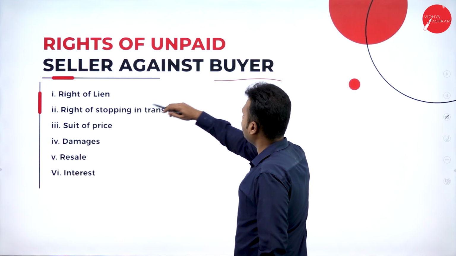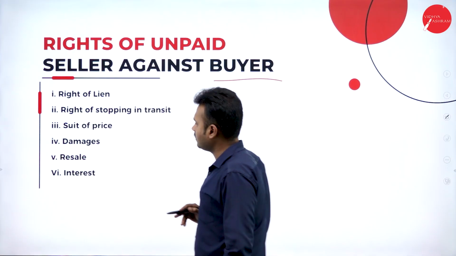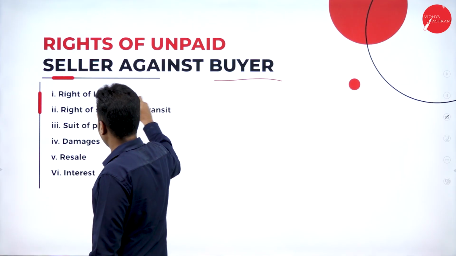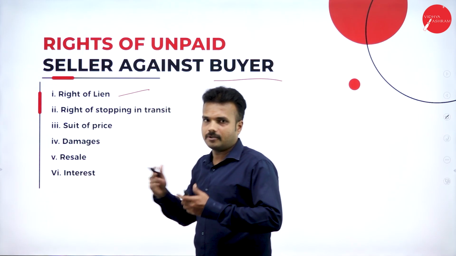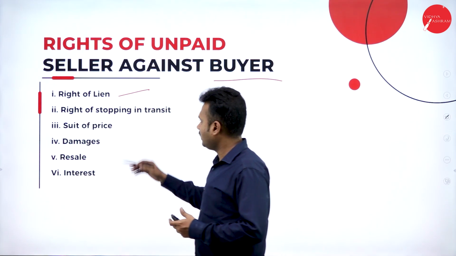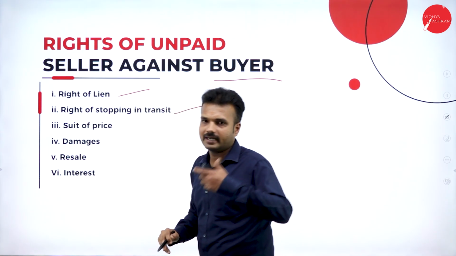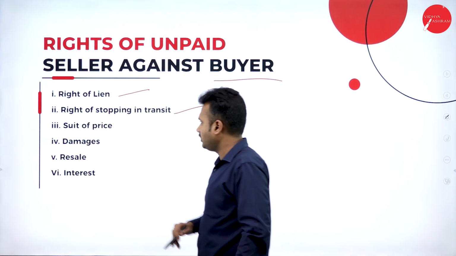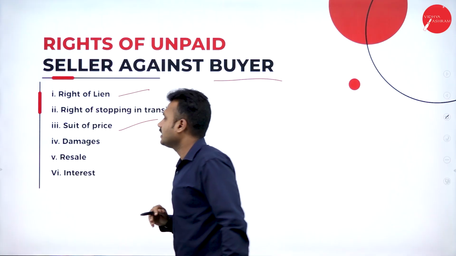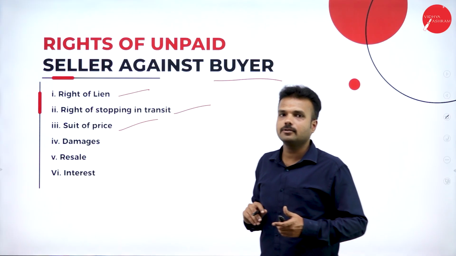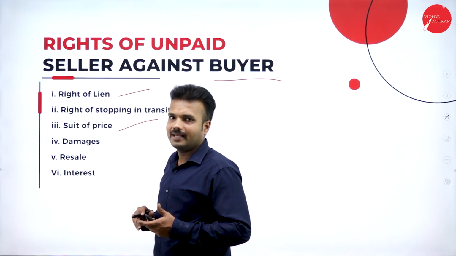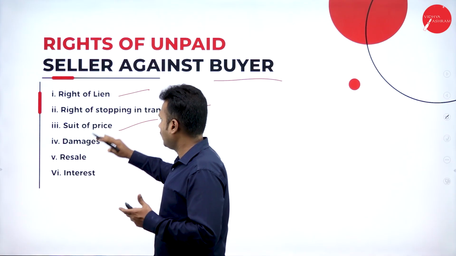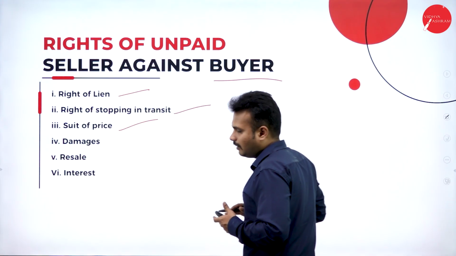Rights of an unpaid seller against the buyer. There are a few rights of an unpaid seller against a buyer. Number one, right of lien, which is about the retention of goods. Right of stopping in transit: before the goods get delivered, he has a complete right to stop them. Suit for price: he has a complete right to recover the losses that have happened from the buyer.